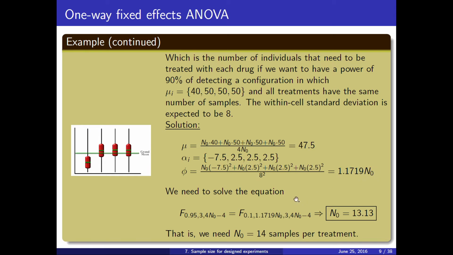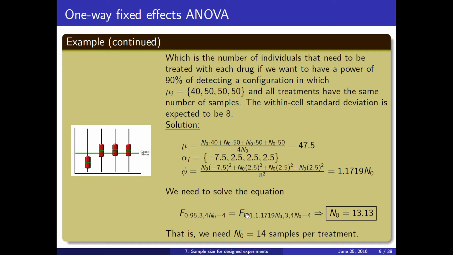What we need to solve is the following equation. This is F 1 minus alpha, with the degrees of freedom of the treatments, which is 3 because we have 4 treatments, and then total n minus I, so 4 n0 minus 4.